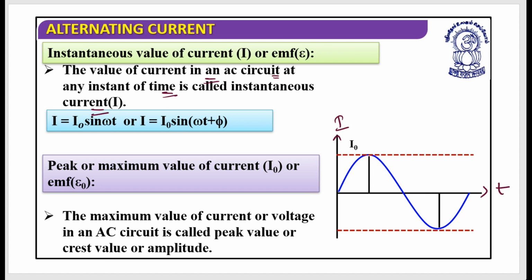I. Let's suppose I have the relation I = I naught sine omega t, or I should say I = I naught sine (omega t plus phi).